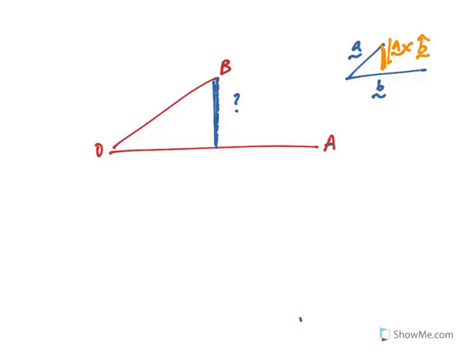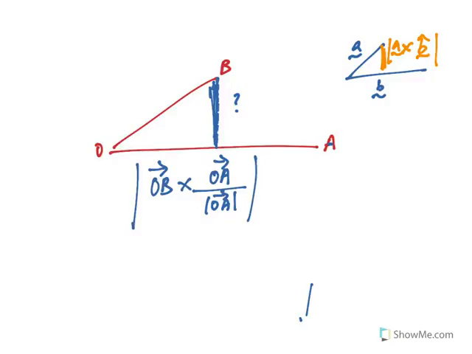So it's the same for this. In order to find our shortest distance, what we do is we take OB and scalar product this with the unit vector of OA. Okay, and this will give us the shortest distance. Alright, same, because we're finding distance, we need to take the magnitude.